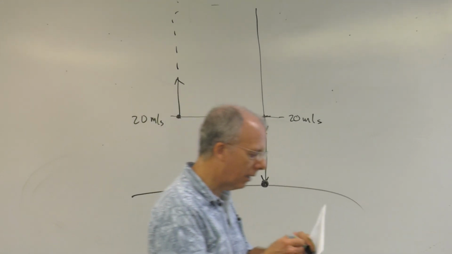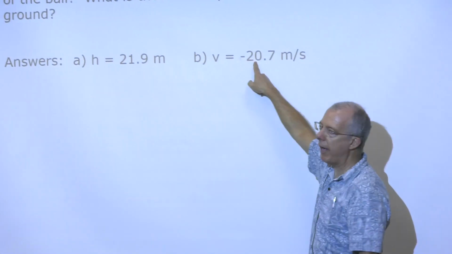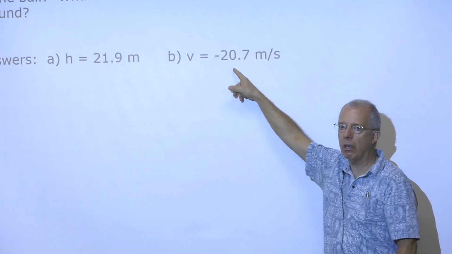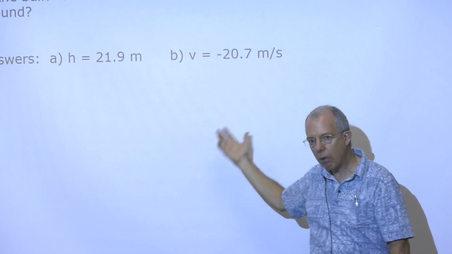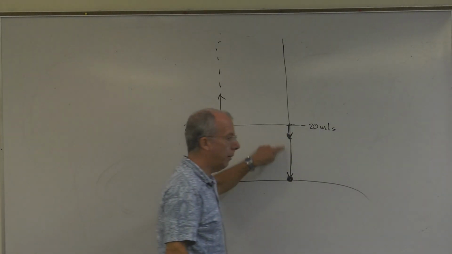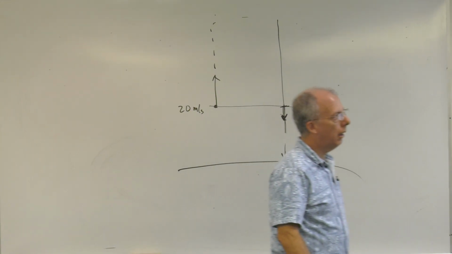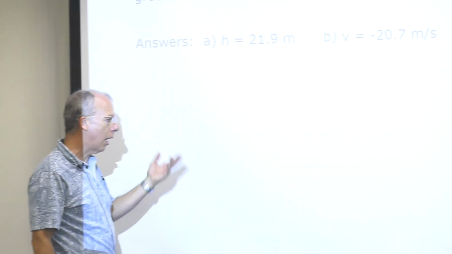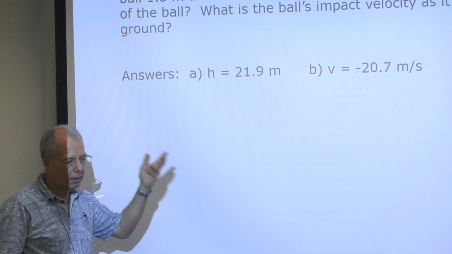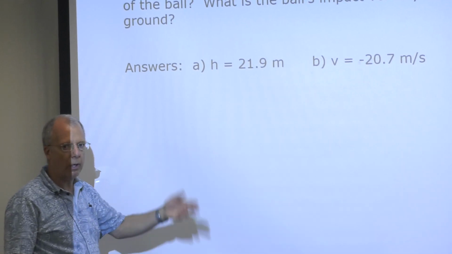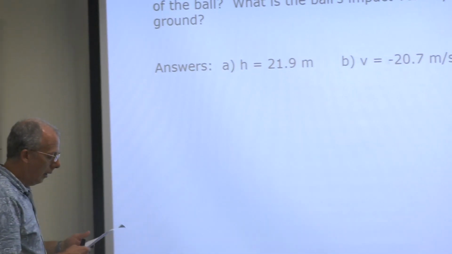If you had velocity equals minus 15 or 19 or 10, you know it's wrong. When you're doing a word problem, you always want to think of things like this, and it will help you avoid making silly mistakes.